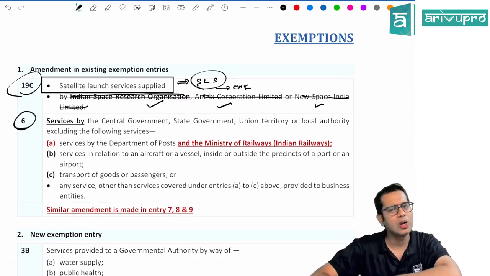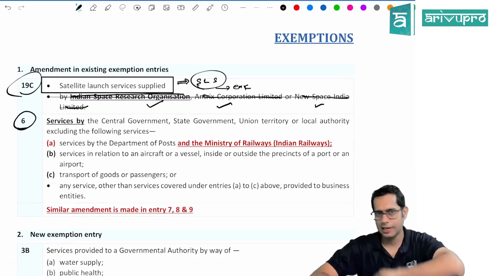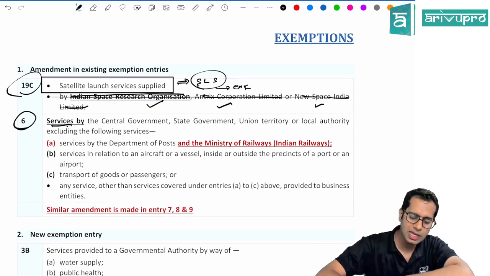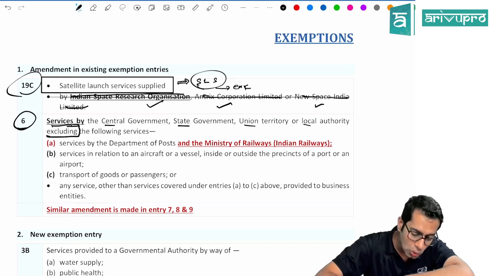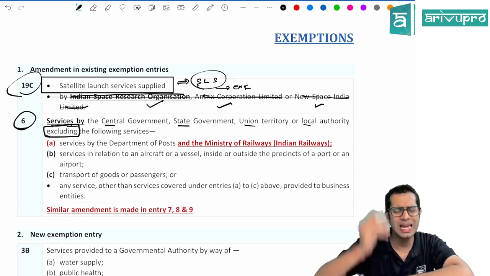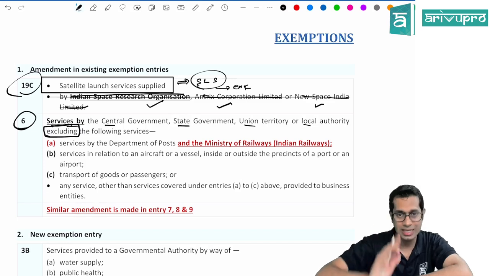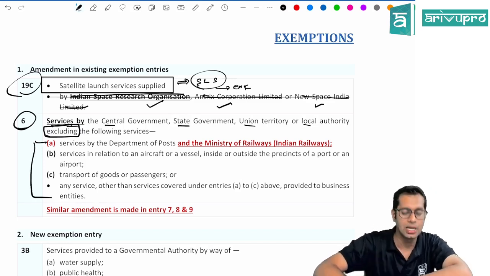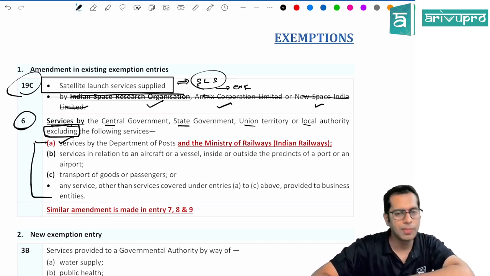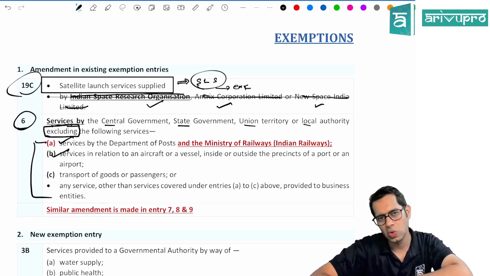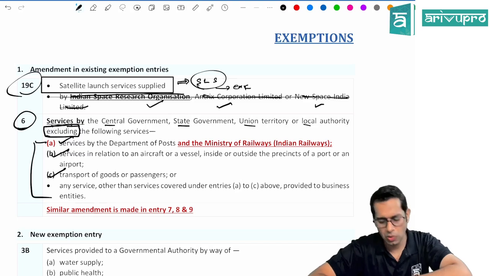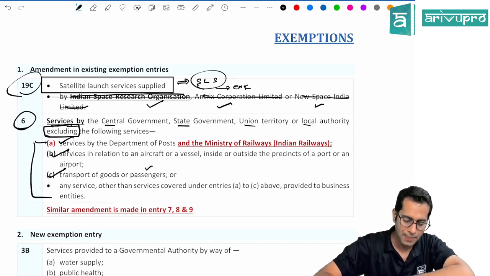Now there is one entry, entry number 6, which talks about government related services. Normally any services given by central government, state government, union territory or local authority are exempt, excluding the following services: services given by the Department of Post, services in relation to aircraft and vessel, services with respect to transportation of goods and transportation of passengers, and any services given to a business entity.